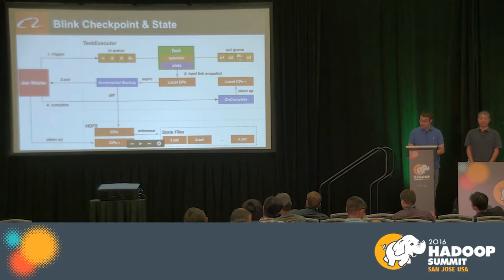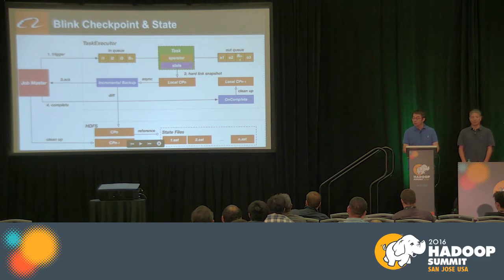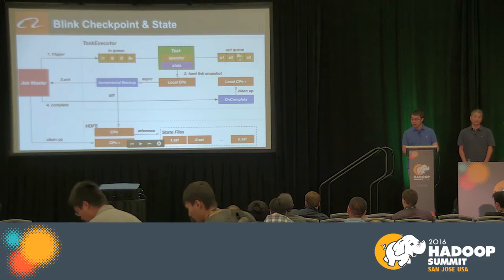In the first stage, Flink uses deep copy mode, which may take several seconds, maybe more, according to the size of state. This may also pause the stream. But in Blink, we use hard link snapshot mode, which may only take milliseconds. And in the second stage, Flink uses complete backup mode, which will always copy all the snapshot files to HDFS in every checkpoint.